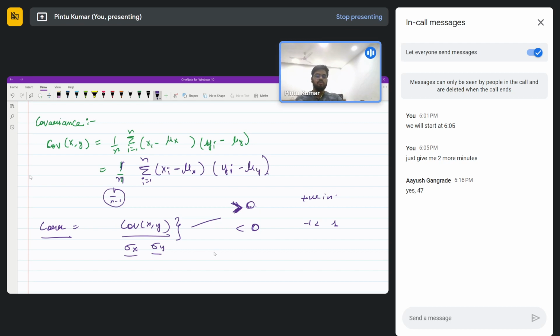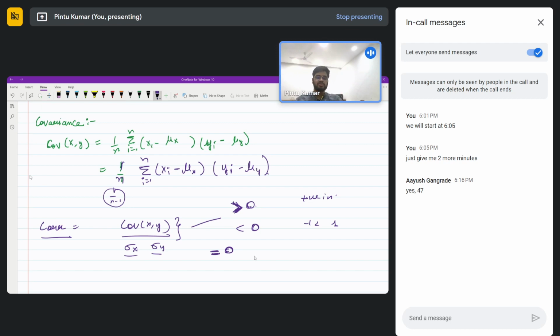Now for the case when your covariance is 0, you can intuitively think that these two features are independent, but there are cases when they need not be independent. For most cases they are generally independent.